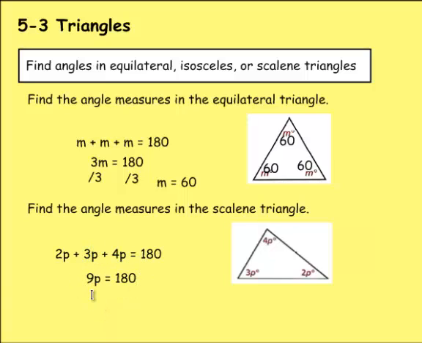So I can solve for p. I can do 9 divided by 9 here. So p equals 20. But I haven't found these angle measures yet. Remember, this is 2 times p, this is 3 times p, and 4 times p. So 2 times p is 40. 3 times 20 is 60, and then 4 times 20 is 80. So now I have found all these angle measures.